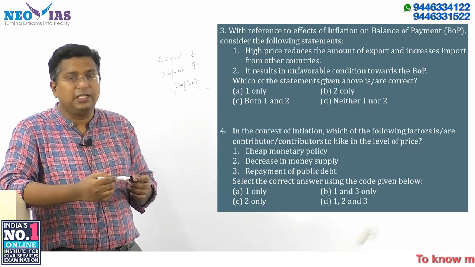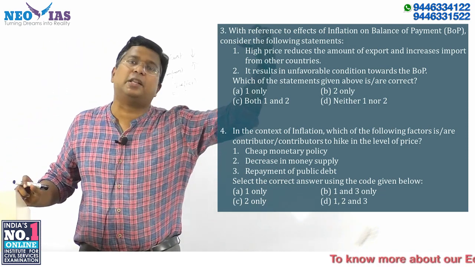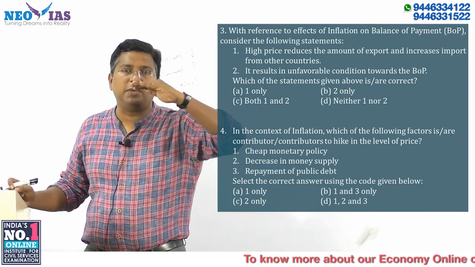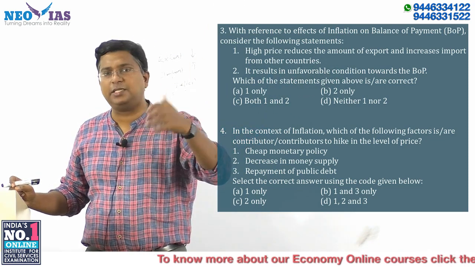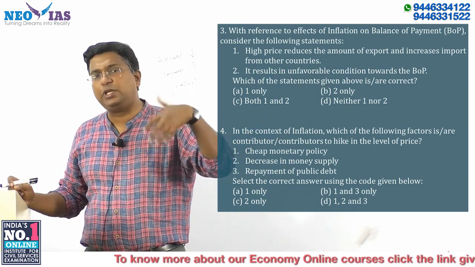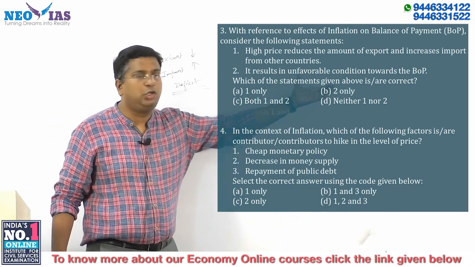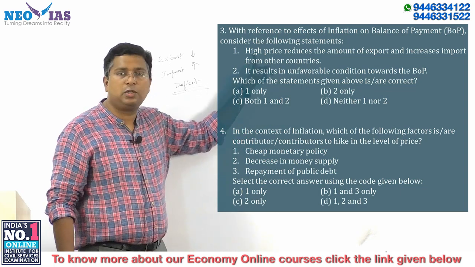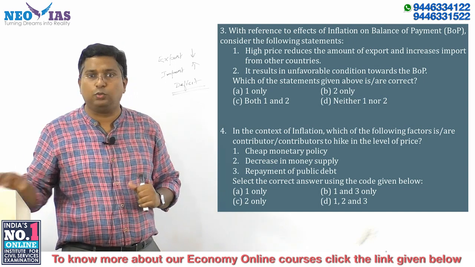There will be more outflow of foreign currency than inflow. Higher import means you have to pay foreign currency; higher export means we are getting more. Since import is more and export is low during a high inflationary period, it is unfavorable towards our external account, our balance of payment. So the second statement is also correct. Both the statements are correct, so your answer will be C, both 1 and 2.